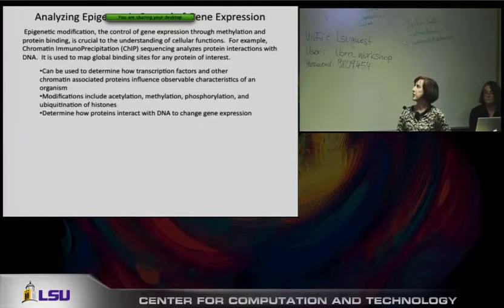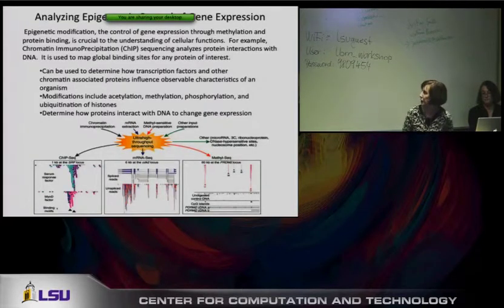It can be used to determine how transcription factors and other chromatin-associated proteins influence observable characteristics of an organism. Modifications include acetylation, methylation, phosphorylation, and ubiquitination of histones. You can determine how proteins interact with DNA to change the gene expression.